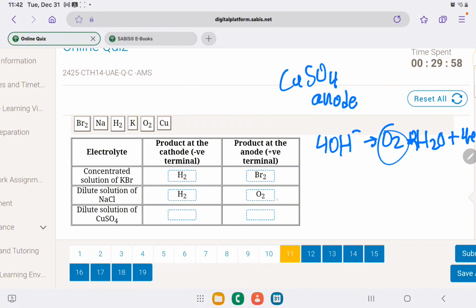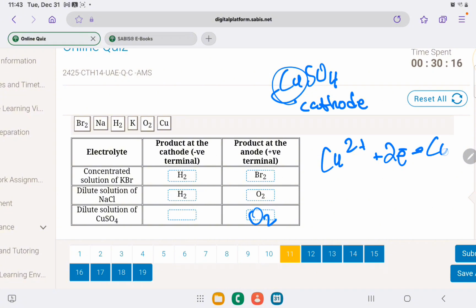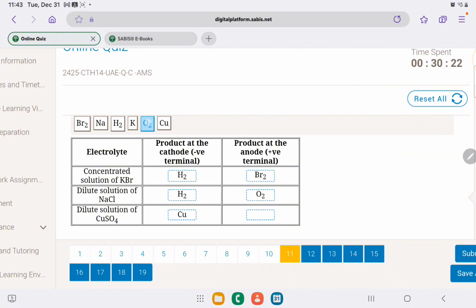So oxygen at the anode, and at the cathode, the solution contains Cu or Ag. Yep. So the equation is Cu 2 plus, plus 2 electrons to give Cu, solid. So Cu. Okay, Cu and oxygen.